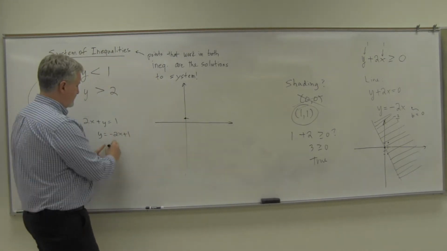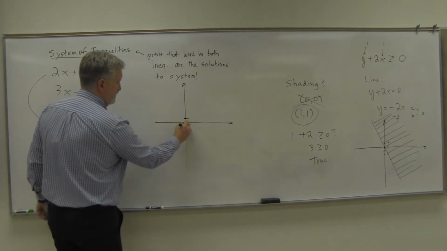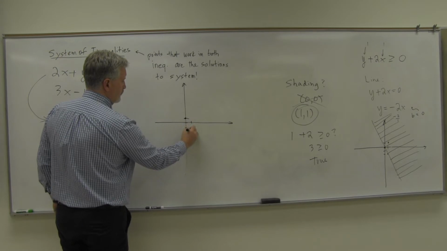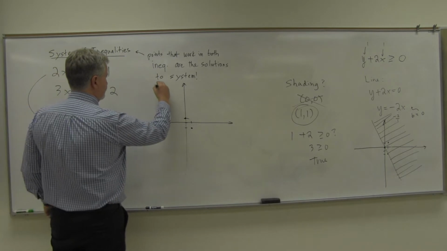Slope's negative 2, so that's negative 2 over 1, down 2 over 1 from that. And it doesn't have the equals to, so it's a dotted line.